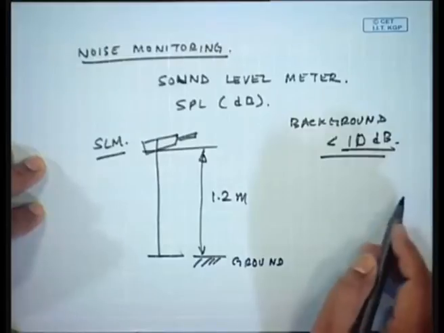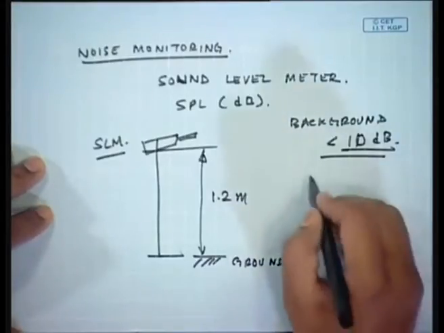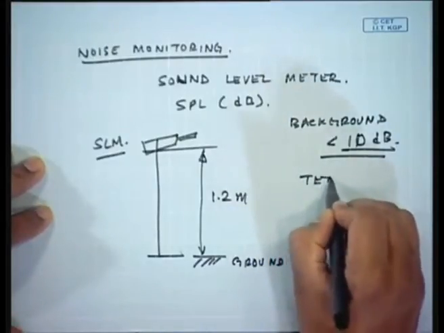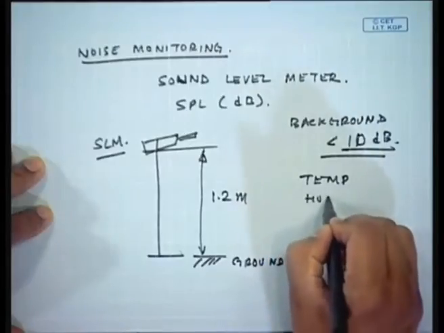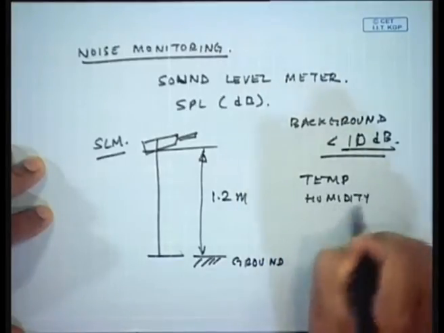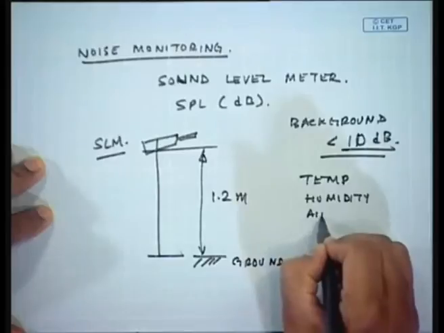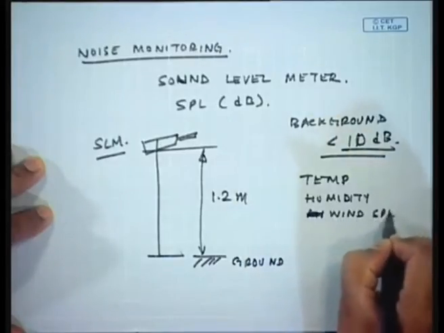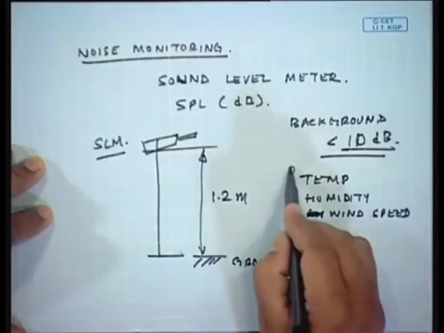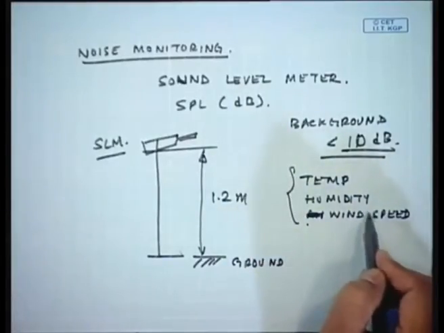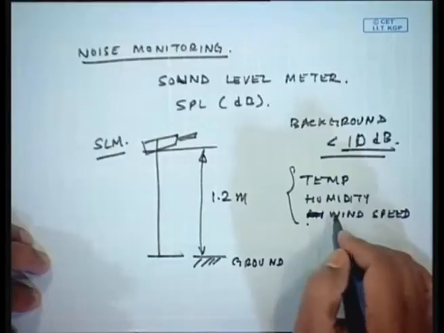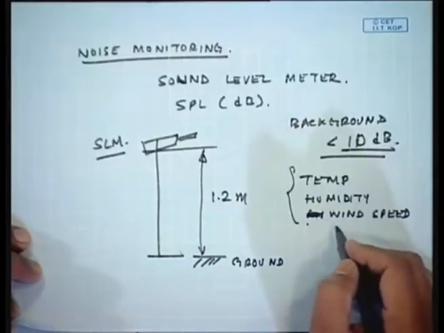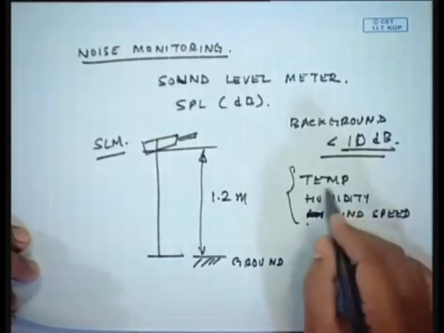And another important parameter which you have to report is, of course, the temperature, humidity and the wind speed, because these parameters may affect the speed of sound, because you will see the speed of sound is dependent on the temperature of propagation.